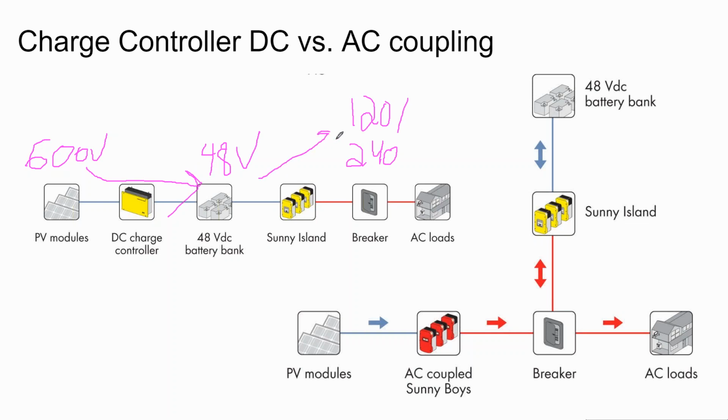So I'm going back up again, and there's a little bit of efficiency loss there. What a lithium ion system will do is it'll take the 600 volts, and then the battery bank instead will be 350 volts, and then your load will be 240 volts.